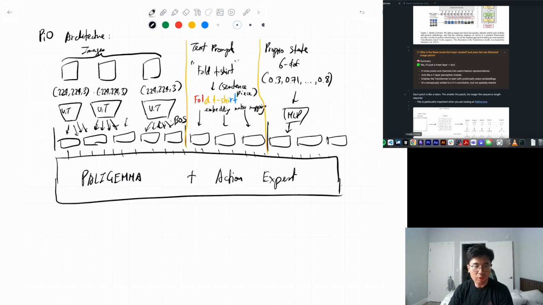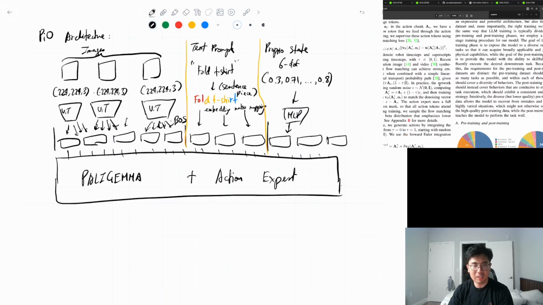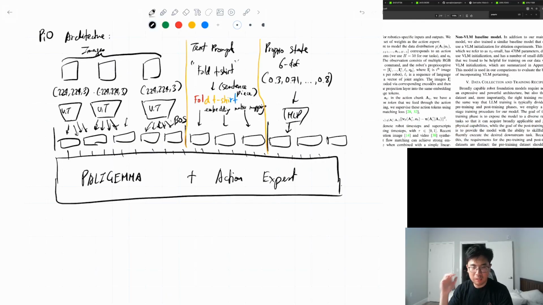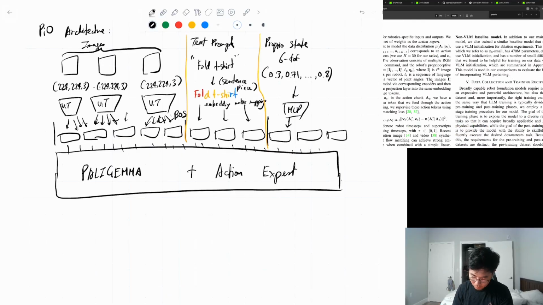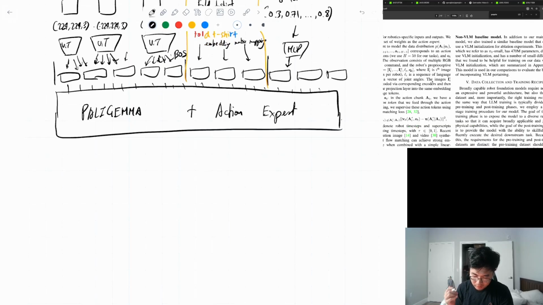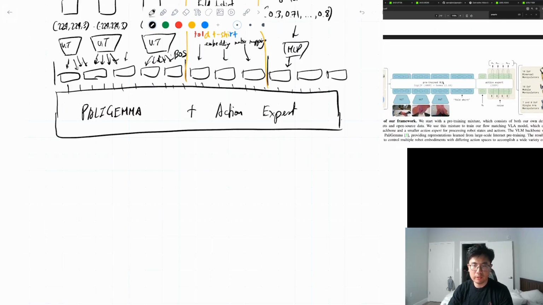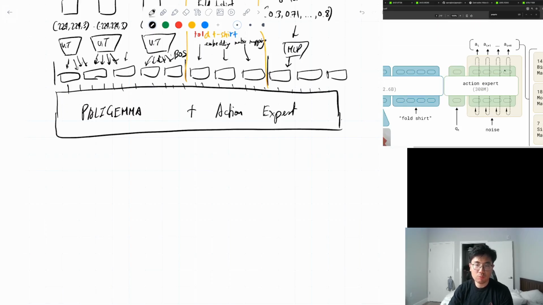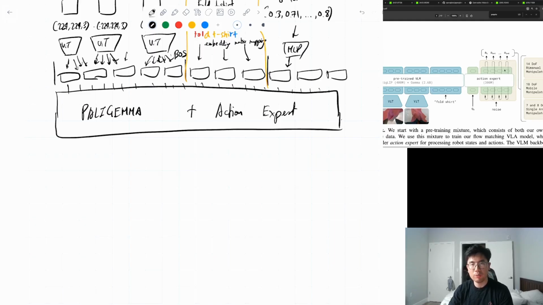Okay, the flow matching loss. Let's talk about that because that's what I've been trying to get to. But before that, one thing to note with what Pi0 does is that instead of predicting one action, they do something called action chunking, which is just a fancy term for saying you're predicting a sequence of actions as opposed to one action. So you're predicting a chunk of actions.